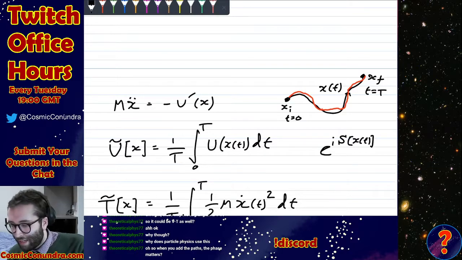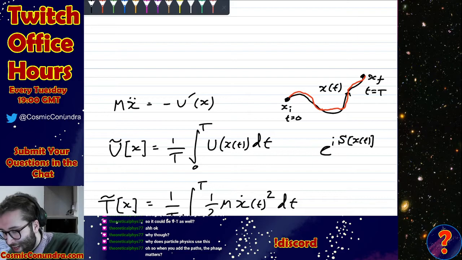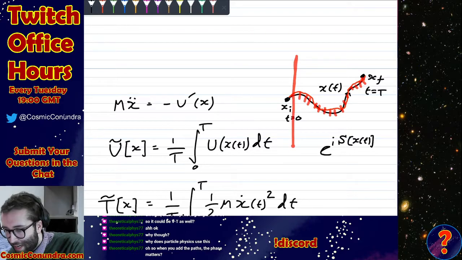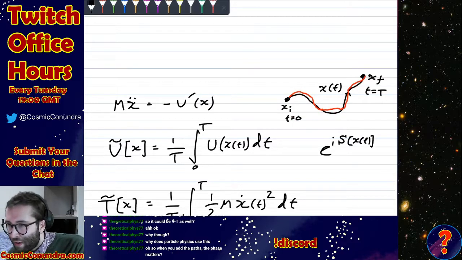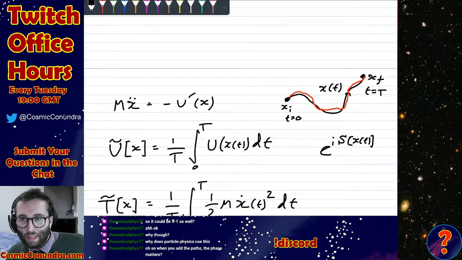If you divide the path up into an infinite number of tiny little integration variables, you can think about this first instant of time. The particle is anywhere along here, then the next step it's anywhere along here, and you end up having to integrate over an infinite number of variables for every single one of these time steps, and it'll get totally crazy.